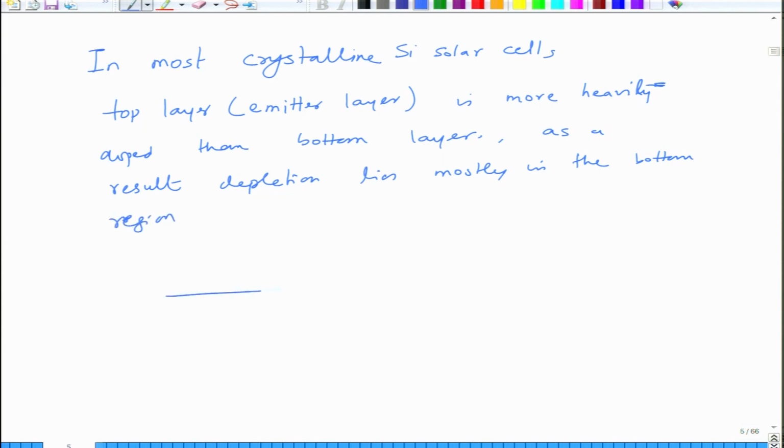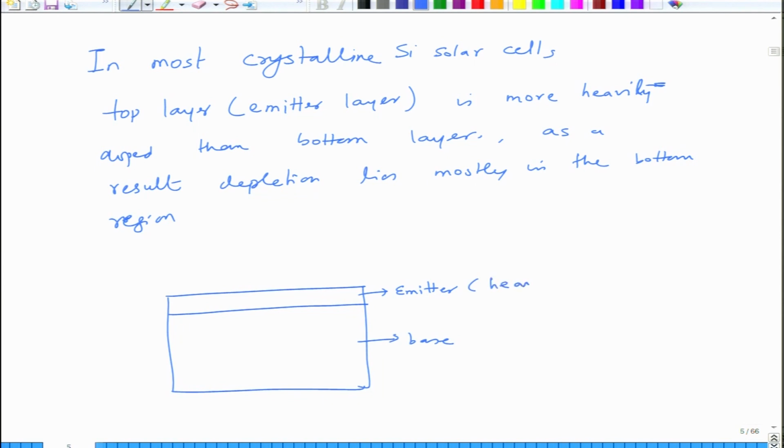So you have a solar cell like this. This is the emitter and this is the base, okay. This is heavily doped and this is lightly doped.